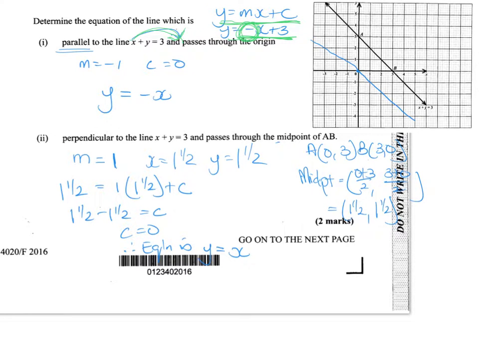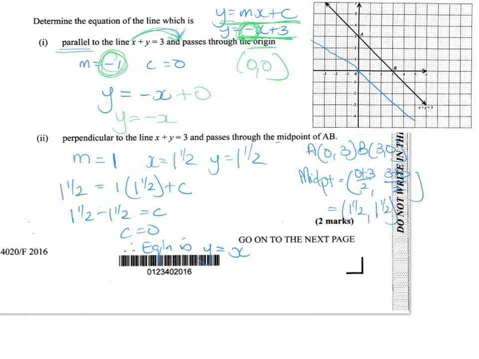The gradient of the line that is parallel would then also be minus 1. And since it's passing through the origin, the point 0, 0, the y-intercept is 0. So we get y is equal to minus 1x plus 0.